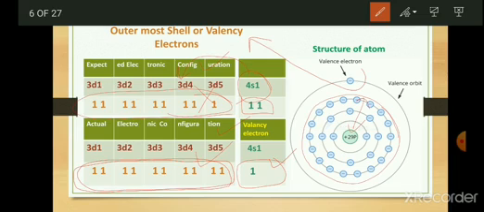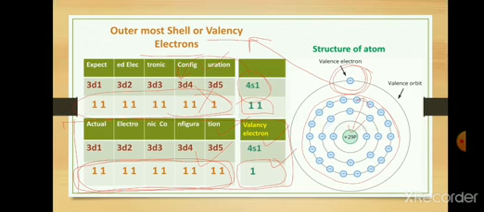So copper will attain this electronic configuration. In this electronic configuration, one electron will be present in the fourth shell. The last shell electrons are called valency electrons.